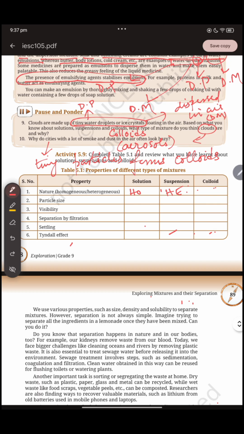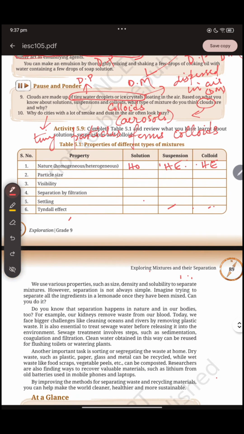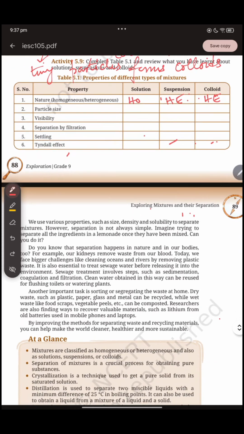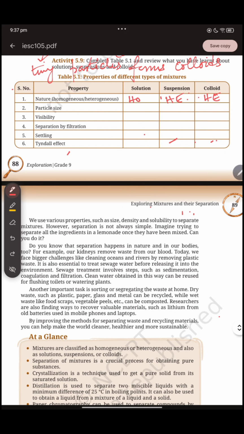A colloid is heterogeneous. I think you remember, because even though they appear to be homogeneous, the particles do not completely get mixed. Then particle size, visibility, separation, settling and Tyndall effect. I think we have discussed all of them.